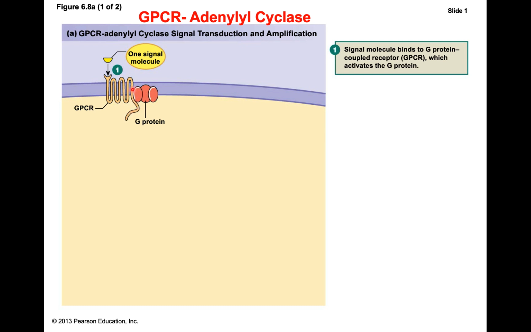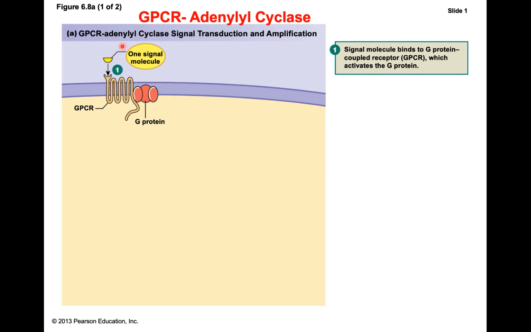And what you'll notice is that this cytoplasmic end is bound to a G protein, which is made up of 3 different pieces that are together. So ligand, the receptor, and the G protein. Before we talk about the actual mechanism, G proteins have the ability to break off one of their pieces and send them down the membrane. And you're going to see that happen in this mechanism.